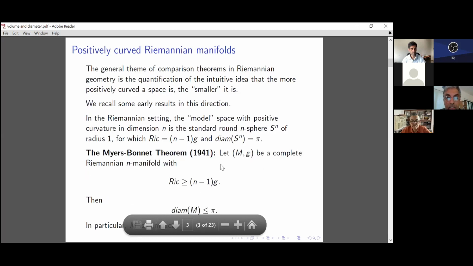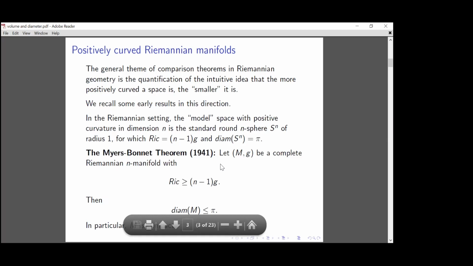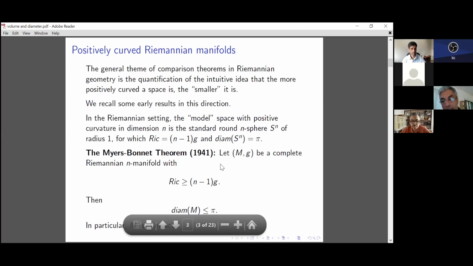One of the earliest results in this direction is the Myers-Bonnet theorem. To begin with, in all these comparison theorems, there is a model space. One would like to say that if our given Riemannian manifold is more positively curved than the model space, some geometric quantity will be smaller than that of the model space.